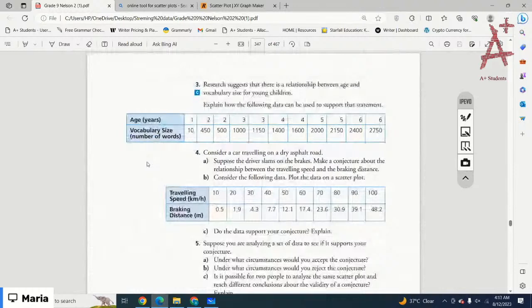So basically, we need to make a graph for the data, right? Age is the independent variable here, right? Vocabulary size doesn't determine age. So age is the independent variable. So we have to make a scatter plot that represents the x and y values, right?